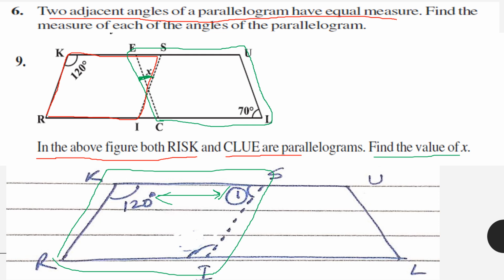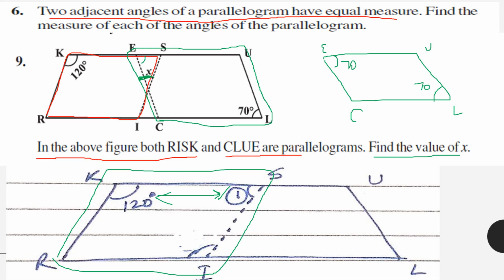Similarly, if you see this other parallelogram, its name is CLUE. If you know this angle is 70 degrees, can't you find this angle? Very easy. It is just opposite to this, so it is 70 degrees only.